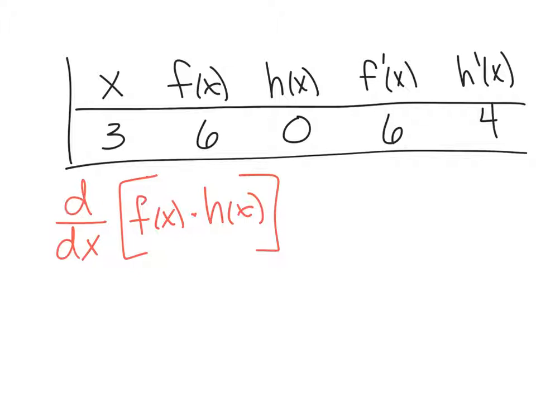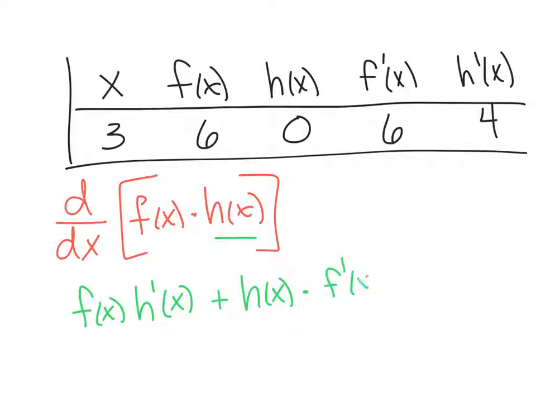So I'm going to go first term times the derivative of the second. Now, if h is the second term, its derivative is just h prime of x, plus, in between product rule, that second term, h of x, times the derivative of the first, f prime of x. Now, we're going to go one more step. We're going to evaluate this derivative at x equals 3.